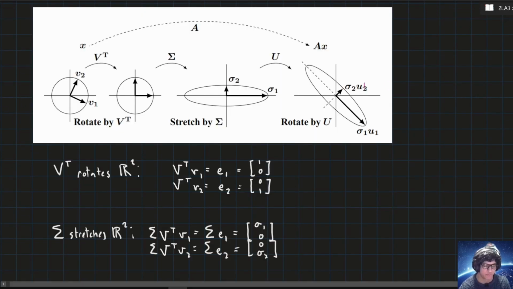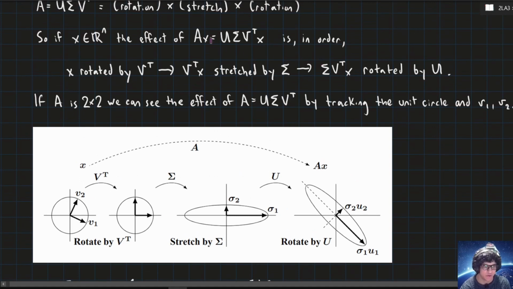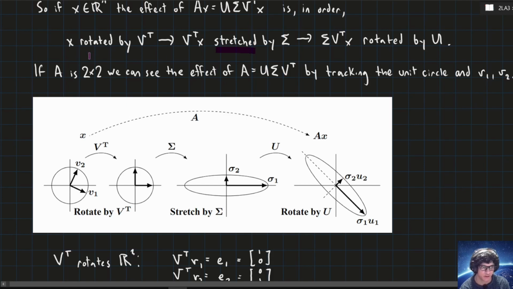We're going to see what happens to the unit circle under the effect of A. That's the same as thinking about a vector x in R^n, or in this case R^2, and seeing what happens to it after you multiply it by A. As we showed up here, since A factors into U, sigma, and V transpose, we can study the effect of A by studying these three operations in this order.